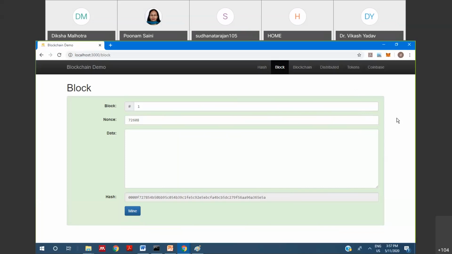If you want this code, we can share it with you so that you can have a demo session with your students as well. We can share this code for sure. Right now it is working on my localhost only. Thank you, Diksha. So let's continue.